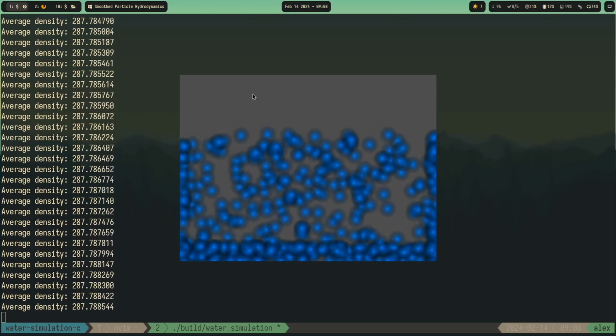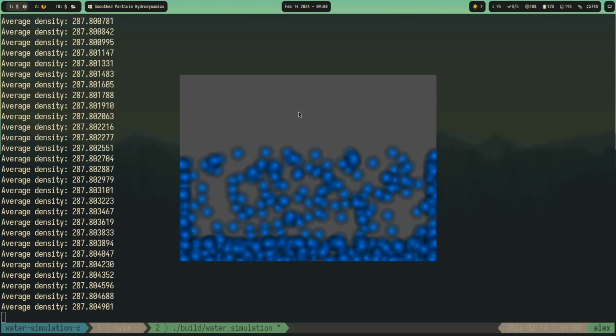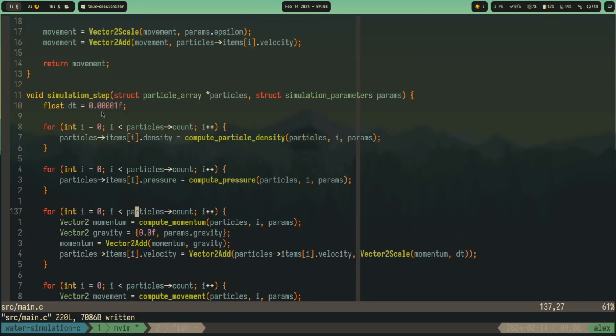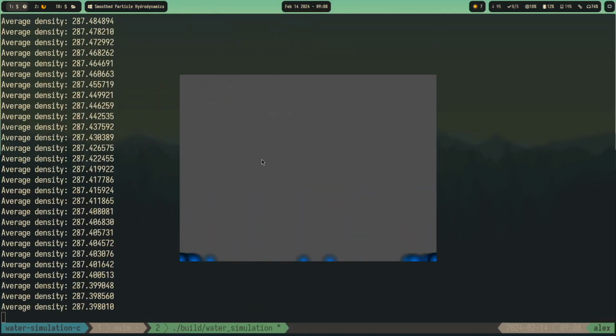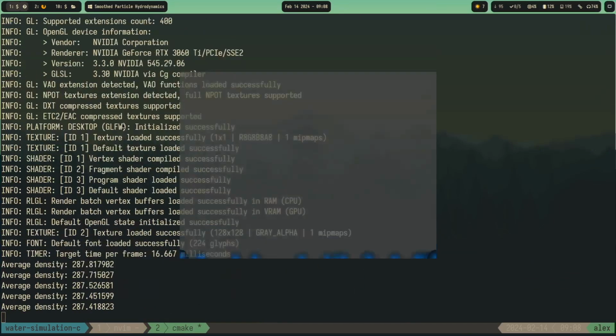I mean, it's really slow. Not really because of the FPS, I guess. It's more because we manually put the delta time, so we could actually increase the speed. Oh, make it even faster.